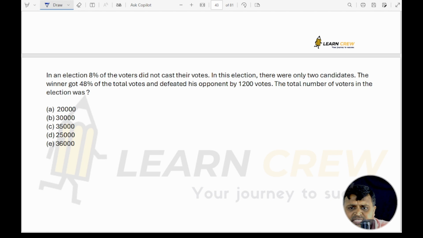So 8% did not cast, so remaining are 92%. Out of total votes 100%, 8% voters did not cast. Remaining 92%. And the winner got 48% of total votes.